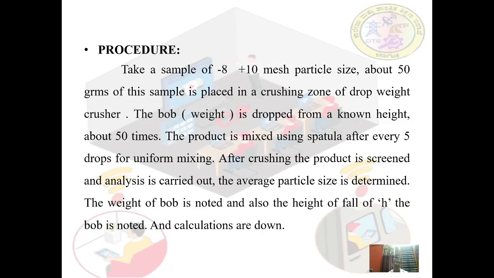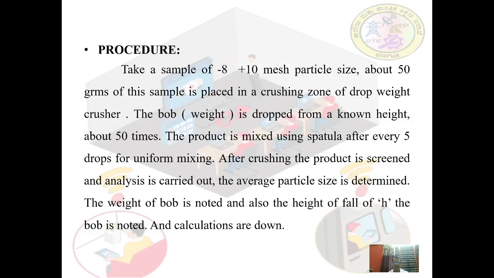The procedure: take a sample of particle size minus 8 plus 10 mesh, that is passing through 8 mesh and retaining on 10 mesh screen. About 50 grams of the sample is taken and is placed in the crushing zone of the drop weight crusher.